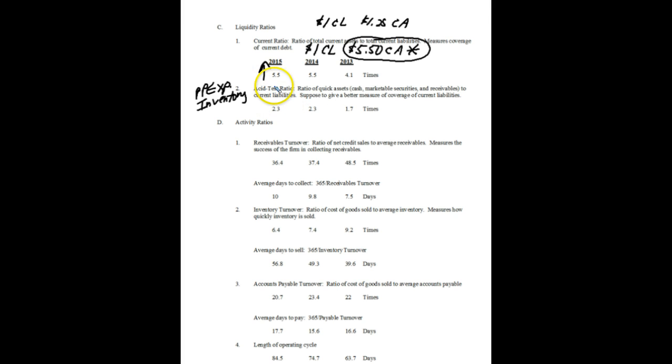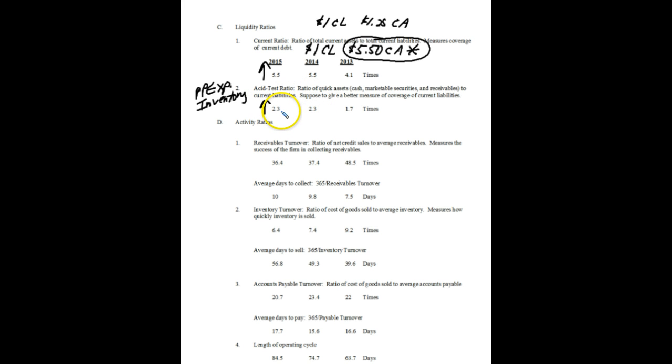Okay, so what do we got going on here? Also, we have an upward trend, but we can see it's not as big, is it? So that kind of tells me if we were to look at this company's current assets, they have a lot of non-quick assets. So this acid test ratio is such a better measure.